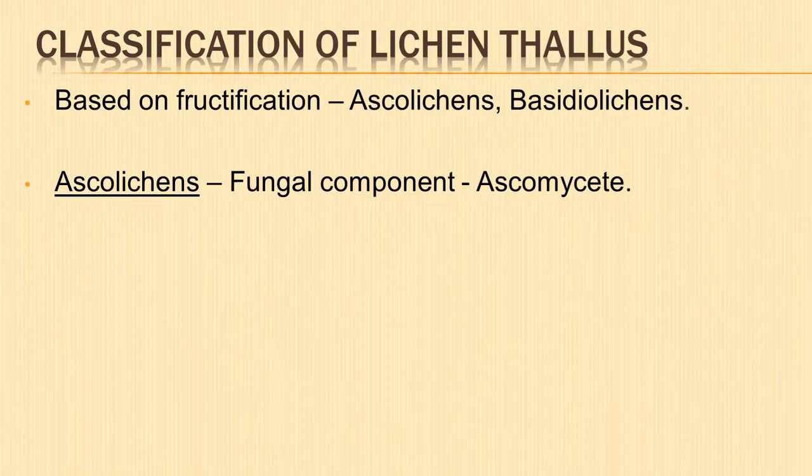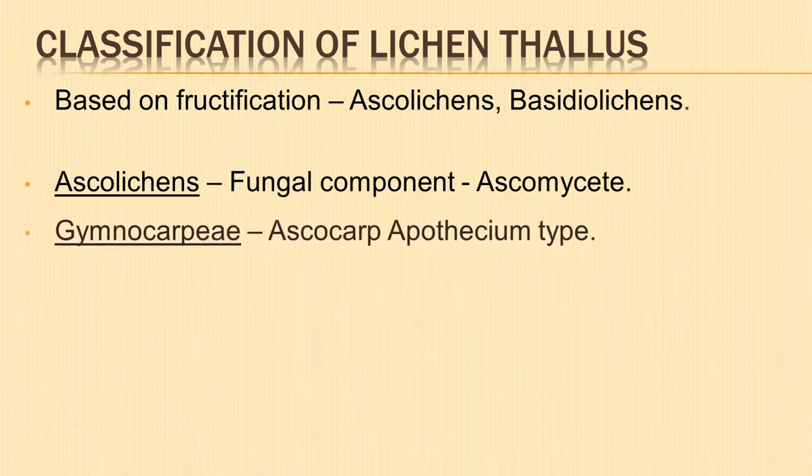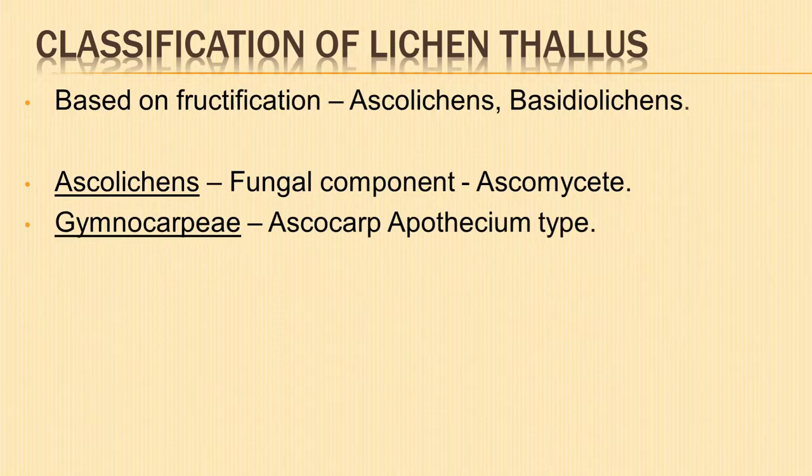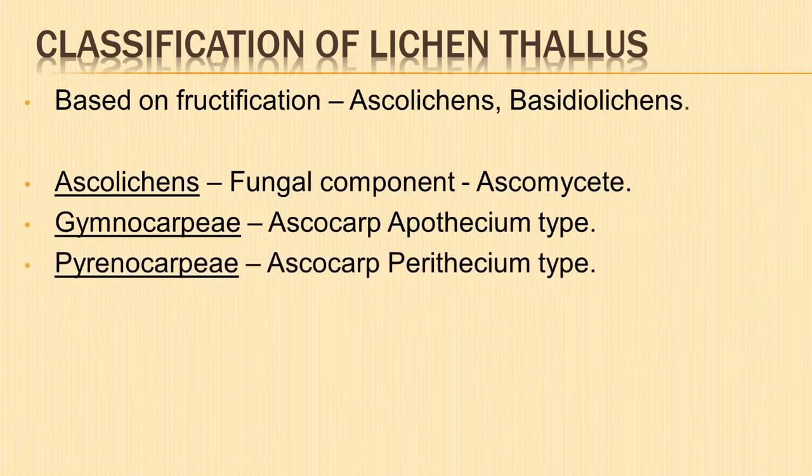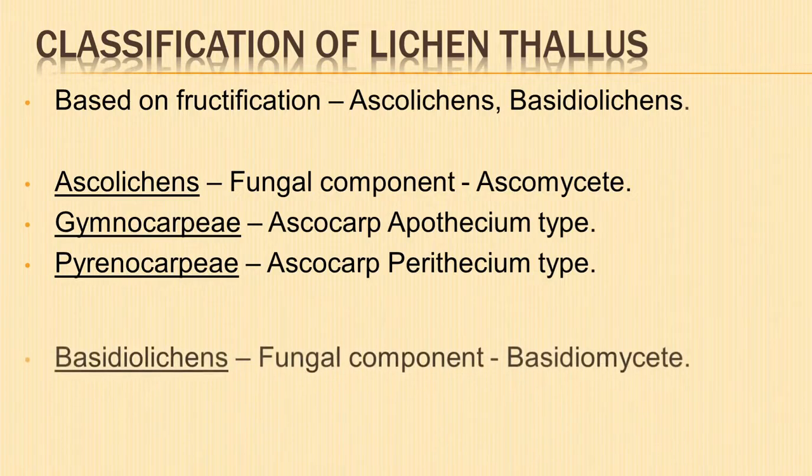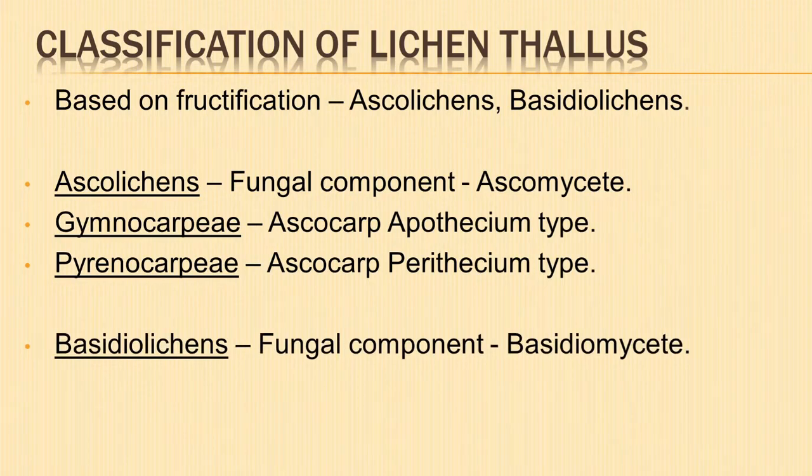It is further subdivided into gymnocarpiae, in which the ascocarp is of an apothecium type, and pyrenocarpiae, in which the ascocarp is perithecium type. In basidiolichens, the fungal component is a basidiomycete.